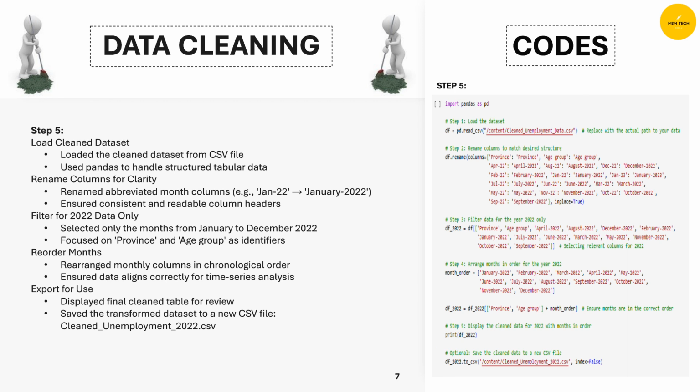I loaded the clean data and renamed the columns for clarity, ensuring the month column was in a readable format. Then I filtered the data to include only records from January to December 2022, as I found that January 2023 was not enough data, and ensured that the months were in chronological order.